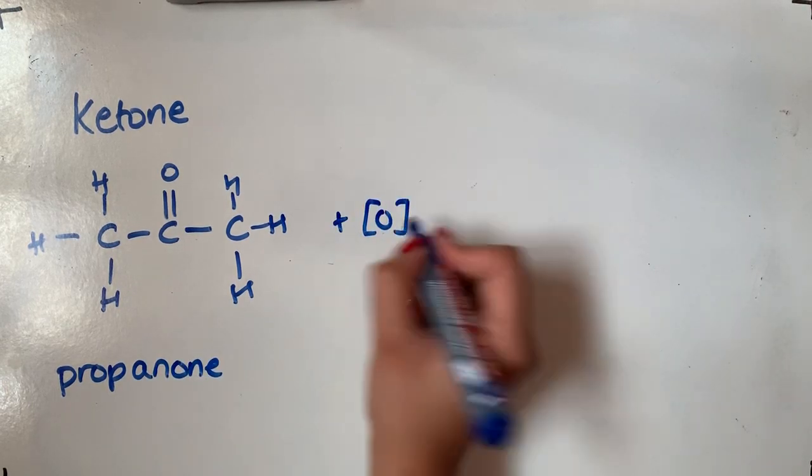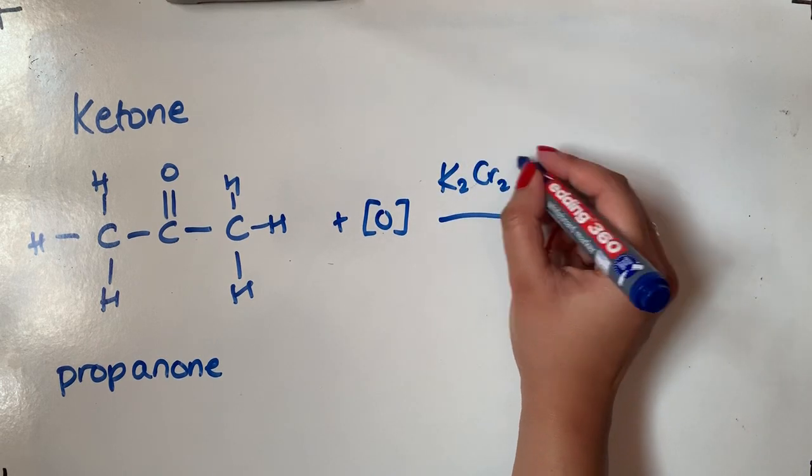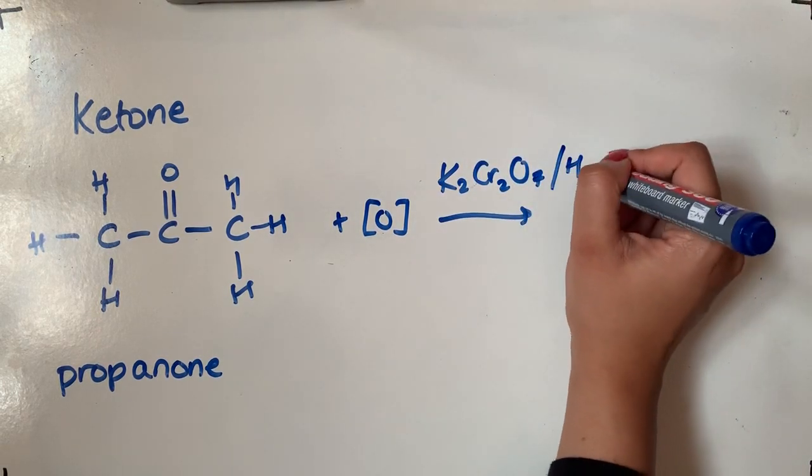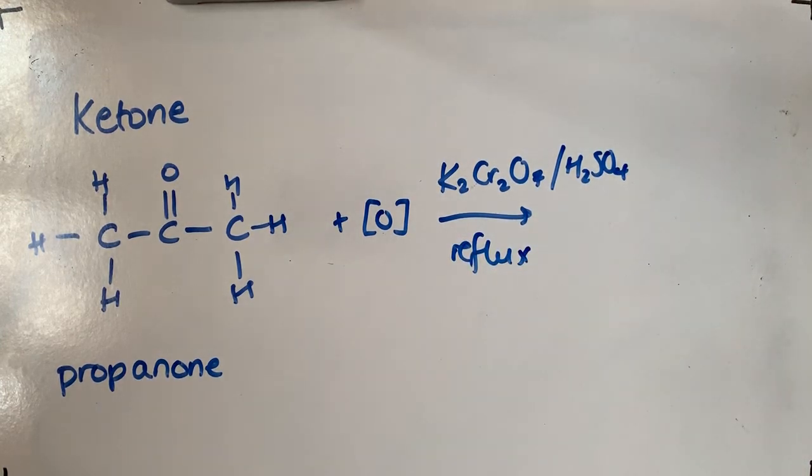And if I use the same conditions here, potassium dichromate and sulfuric acid, and reflux it, this reaction will not occur. Ketones cannot be further oxidized to any compound using the oxidizing conditions.